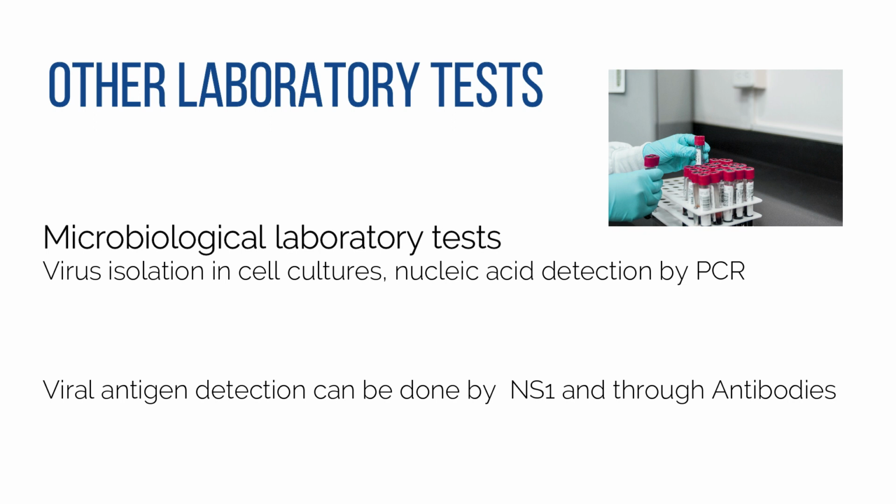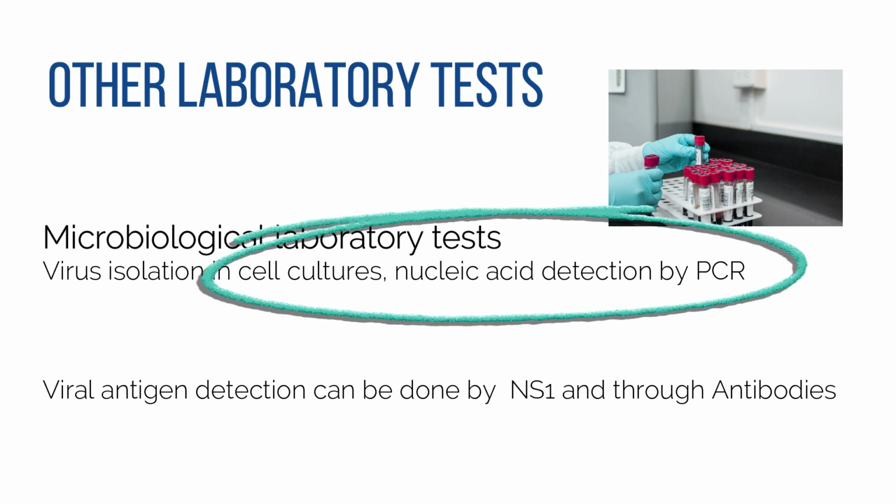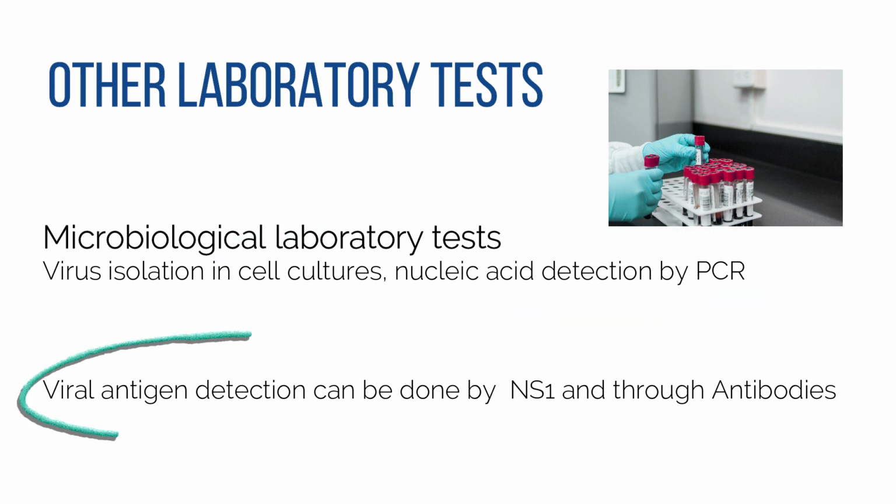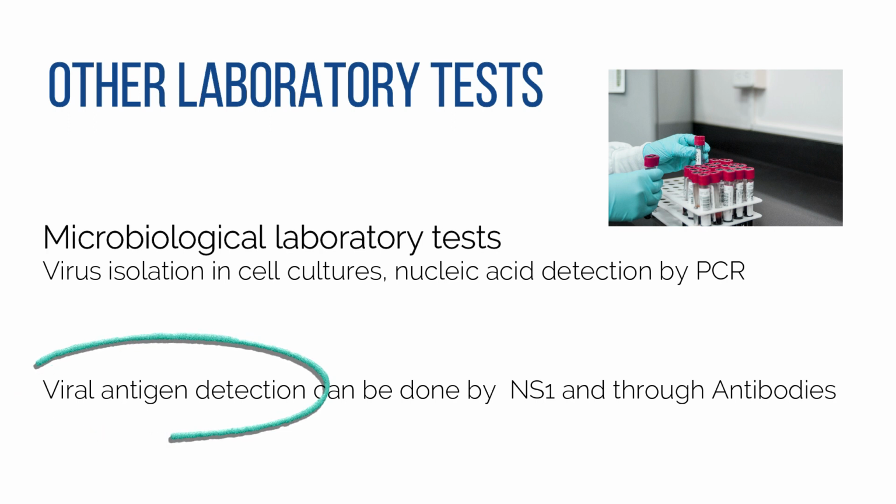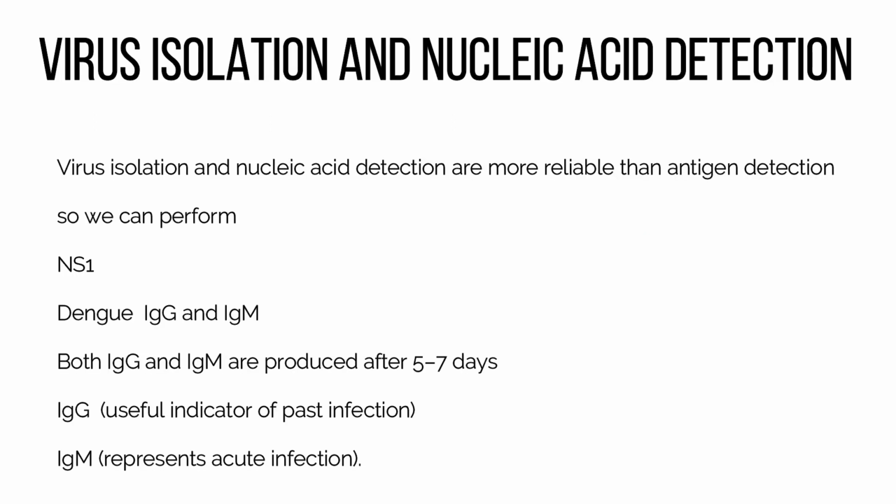Other laboratory tests include virus isolation in cell cultures, nucleic acid detection by PCR. Viral antigen detection can be done by NS1 and through antibodies. Virus isolation and nucleic acid detection are more reliable tests than antigen detection.